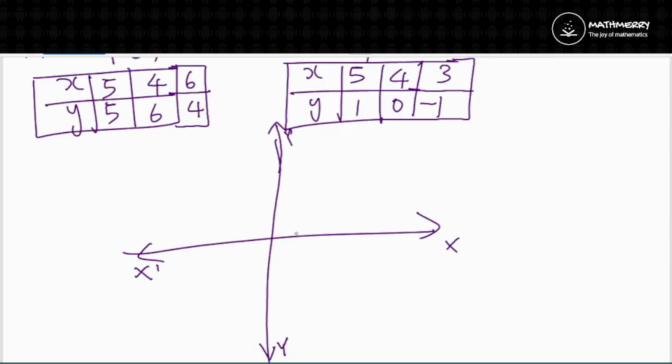Now we have to mark the points 1, 2, 3, 4, 5 and 6, and here minus 1, minus 2, minus 3, on both axes.